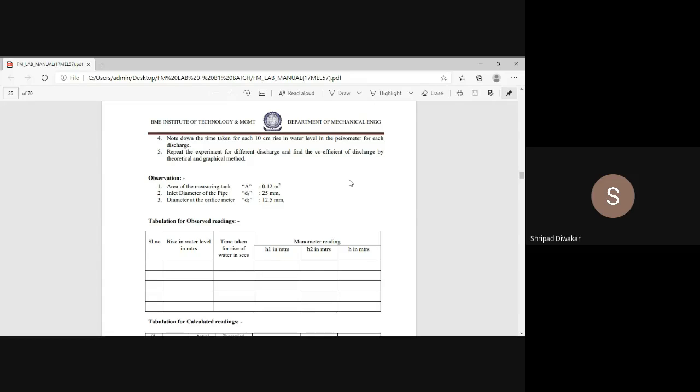That is the aim. Determination of coefficient of discharge of fluid through orifice meter.